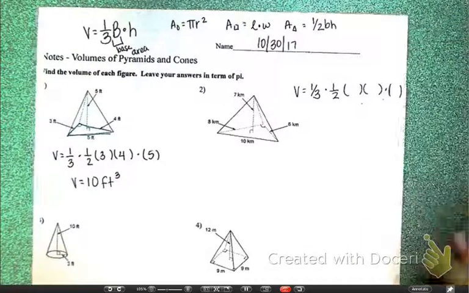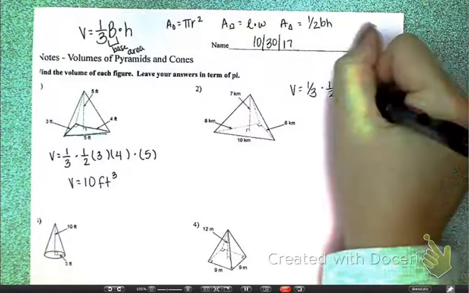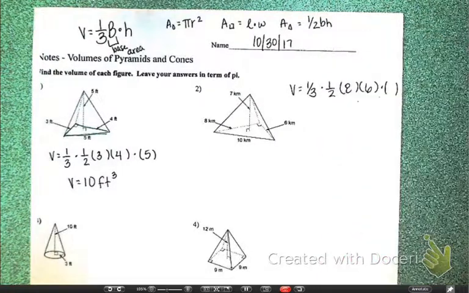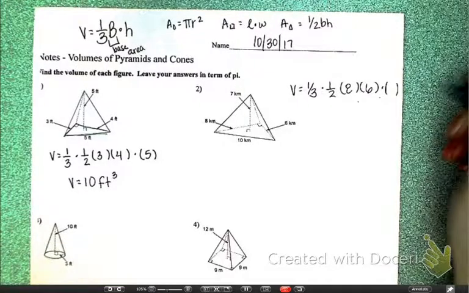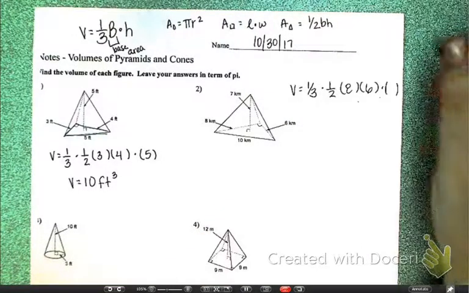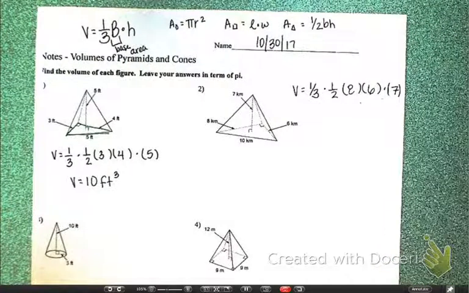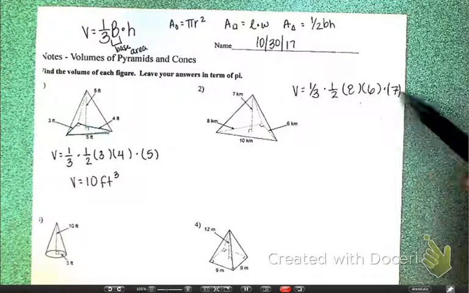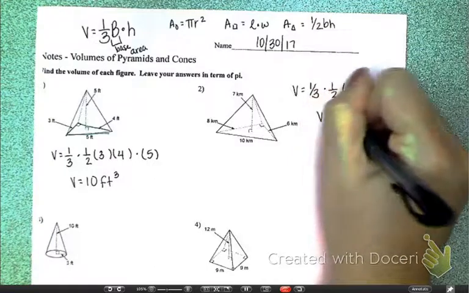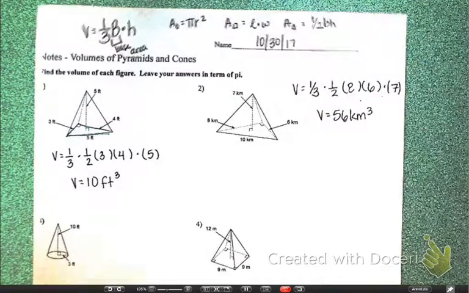What is the base and height of my triangle? 6 and 8. Doesn't matter which order you put them in, but it is 6 and 8. What is then the height of the entire pyramid? 7. What do you get when you plug all of that into your calculator? So 4 times 2 is 8. 56? 56 kilometers cubed.